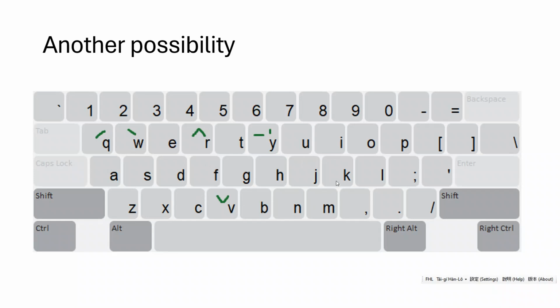And if you want to accept new borrowing words in Taiwanese, it's very easy. It costs nothing. You don't need to invent a brand new keyboard or brand new IME.